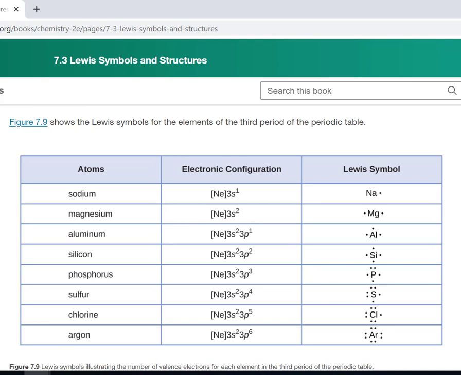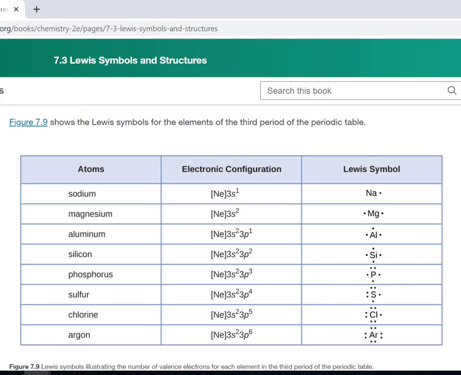Generally speaking, the convention is to draw a single dot for an electron and to have those dots separate before we pair them up. So we have one dot, two dots in separate locations, three dots in separate locations. One thing that people often wonder about is how much it matters where the dots are.